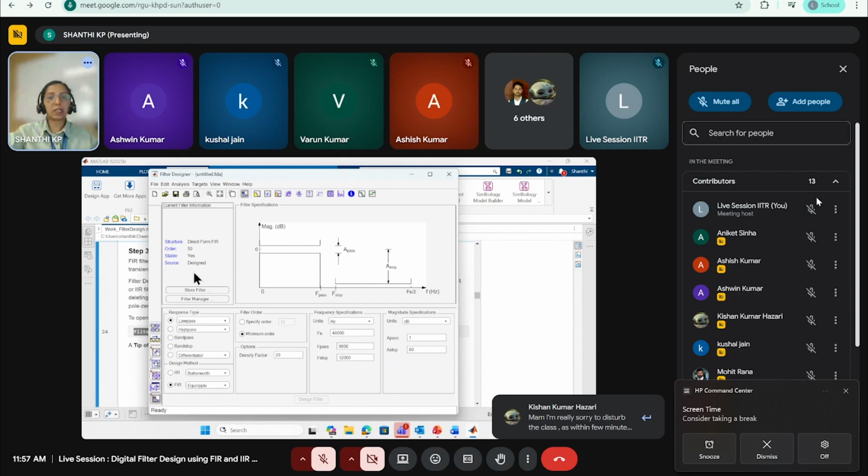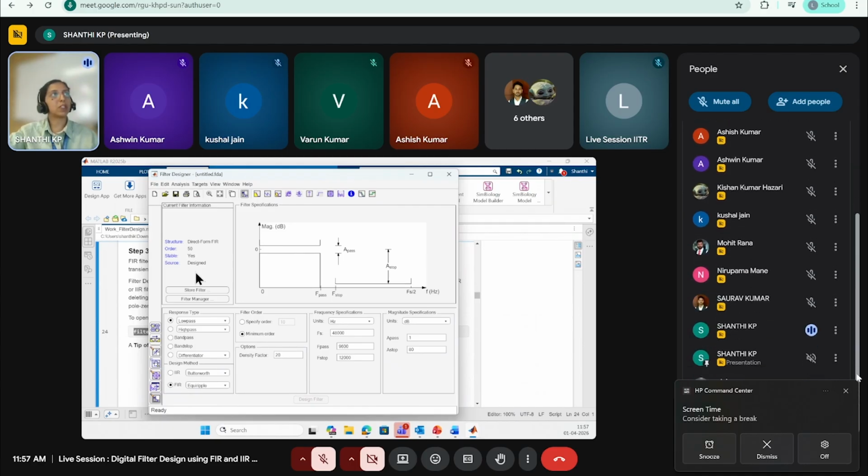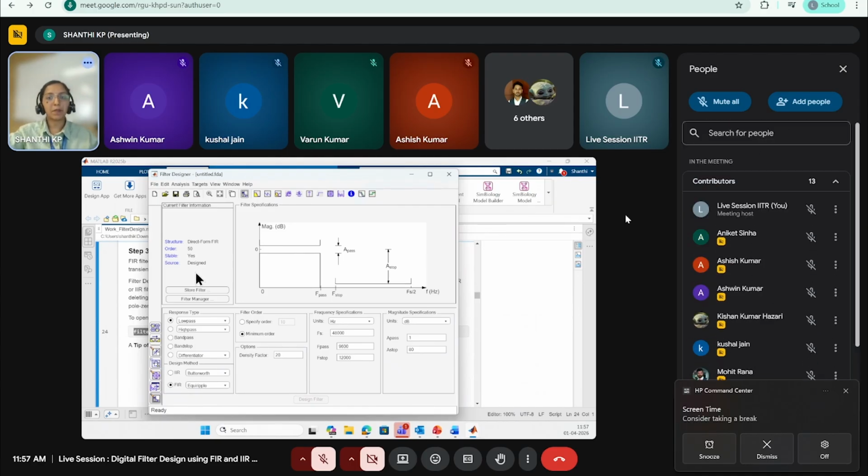This region displays the information on filter specification and responses for the current filter we have designed. It displays filter properties like filter order, filter structure, and whether the filter is stable or not. So all the filter information is displayed here on the upper half of the interface.